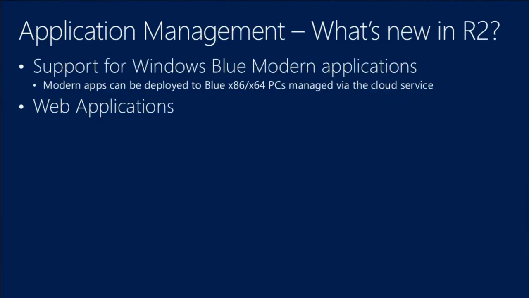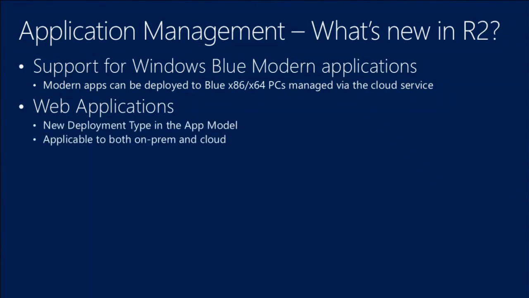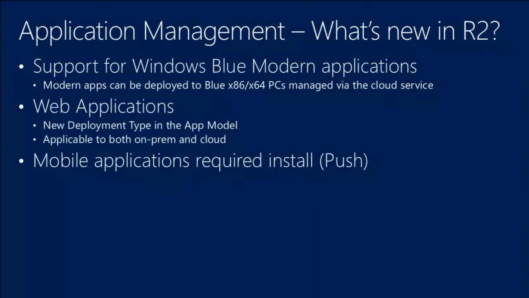You can think of this as just what the name implies. It's a website, a more modern application form that you might want to have. So you are in essence providing something like a shortcut to your end users, so that they have a consistent list of applications for their company, but they might get redirected to a website now versus getting redirected to the Windows Store or doing a native installation of a given app type.